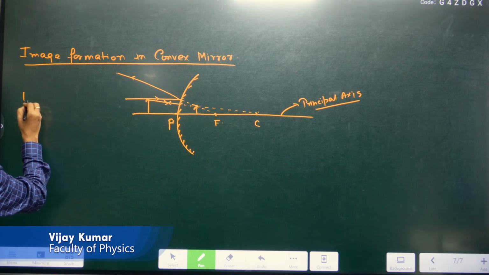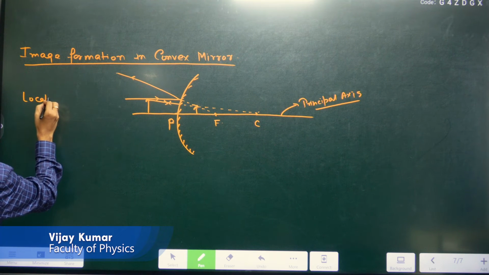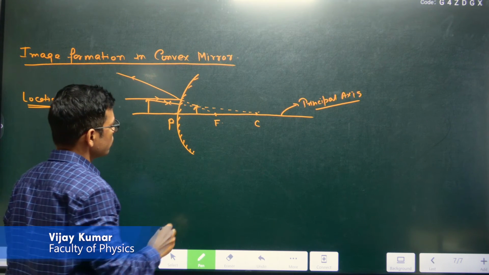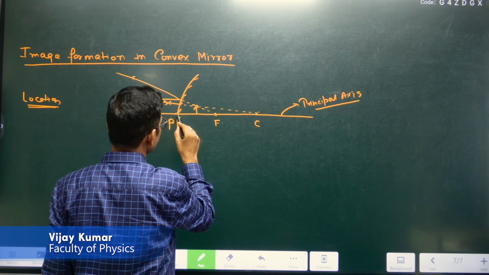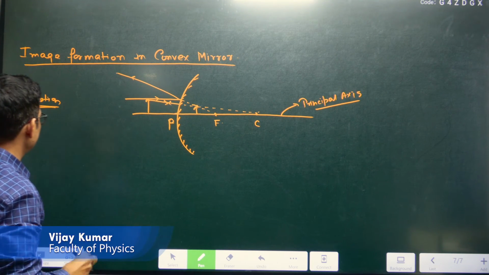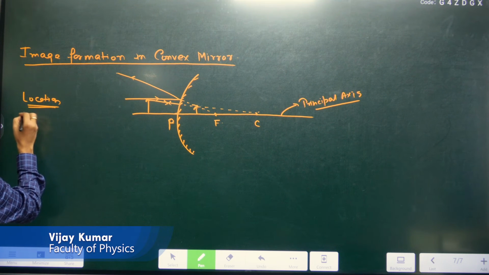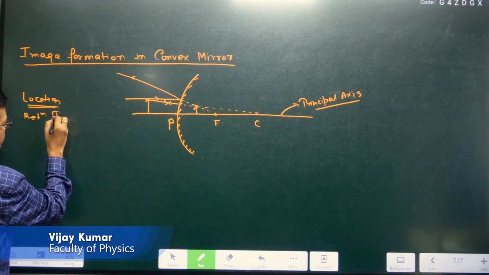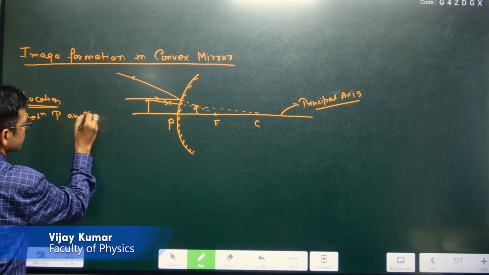The location of the image: we can observe that it is between pole and focus.